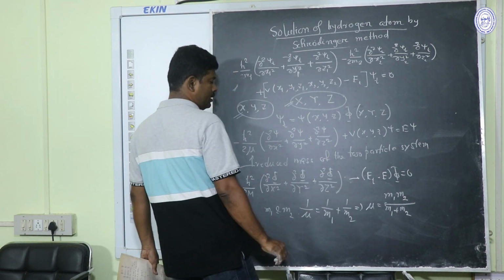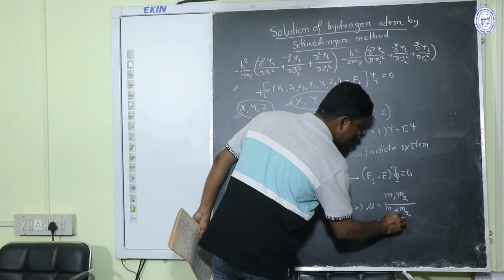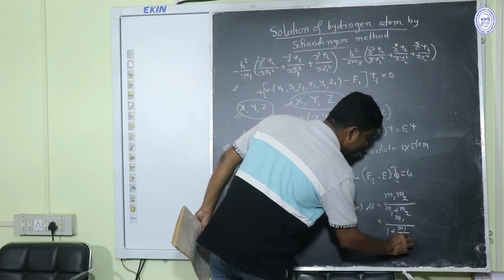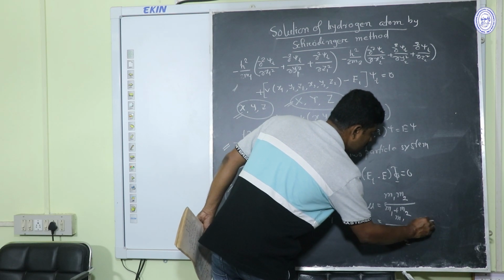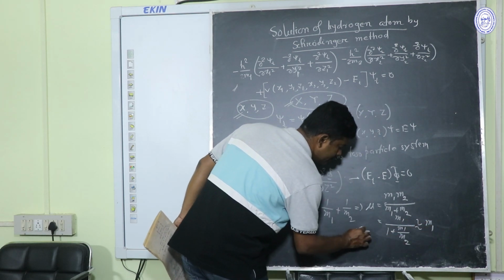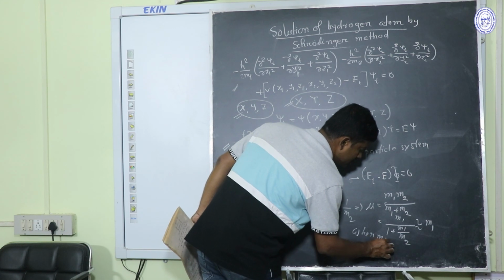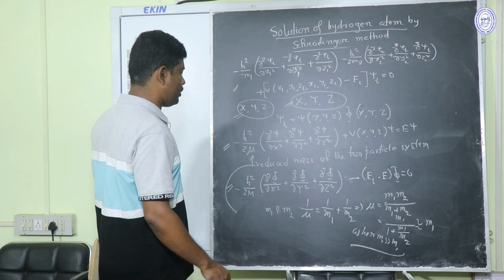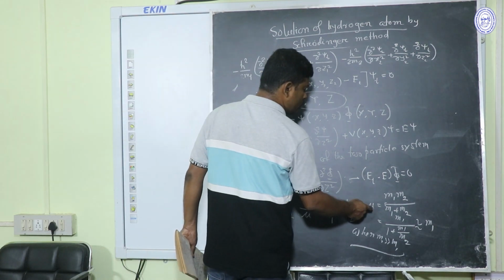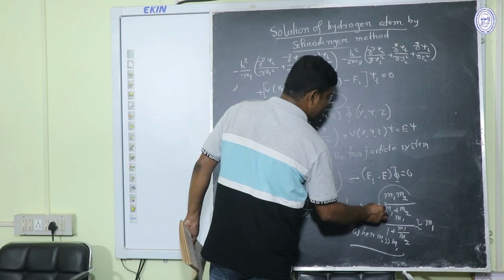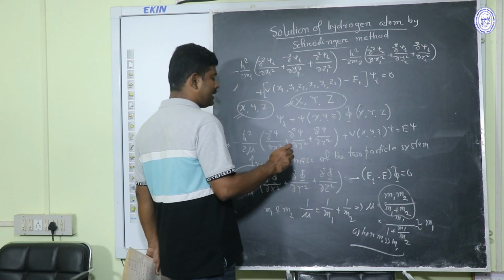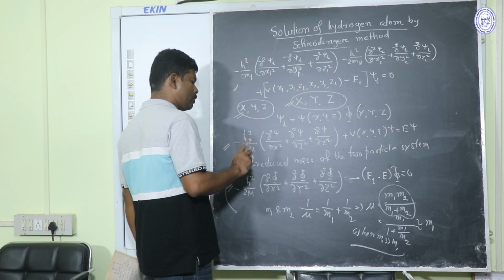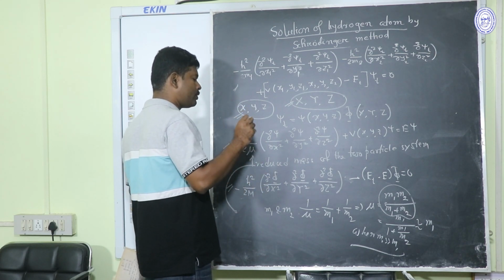And if we divide by m2, we get m1 divided by 1 plus m1 by m2. This is approximately m1 when m2 is very much greater than m1. So, when one particle's mass is very small compared to the other particle's mass, the reduced mass μ will be nearly equal to the mass of the lighter particle.